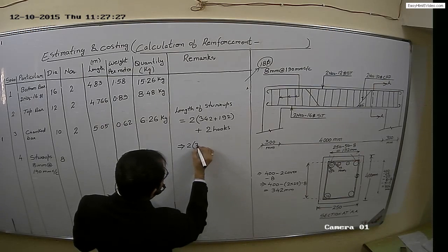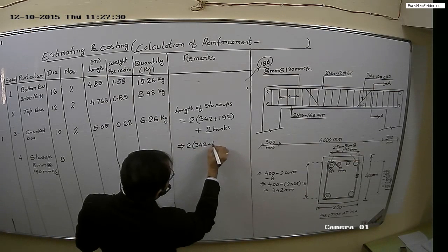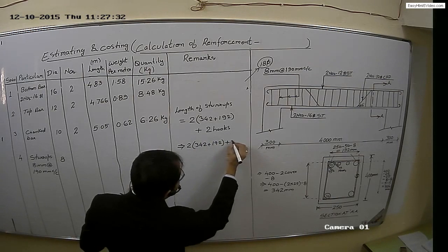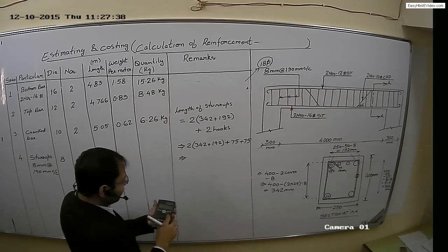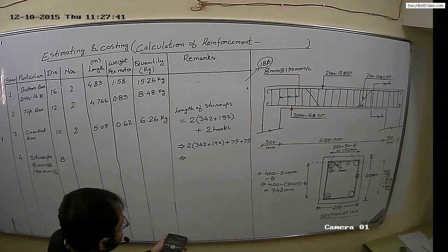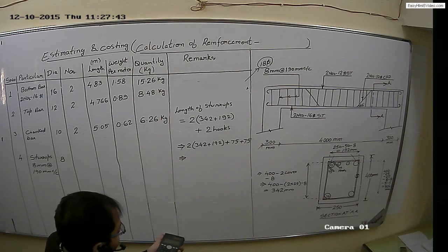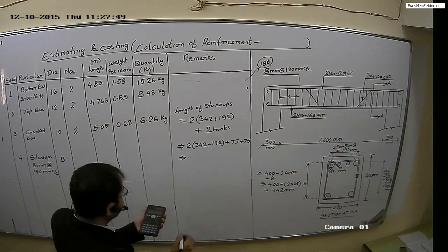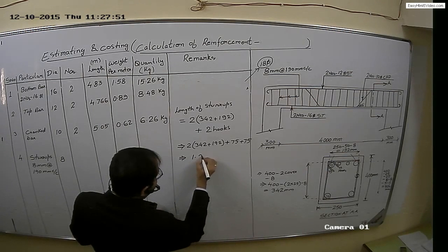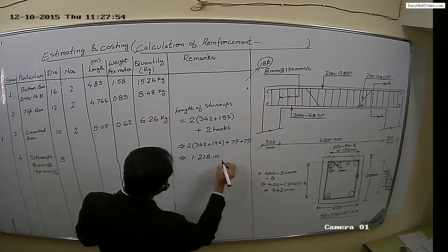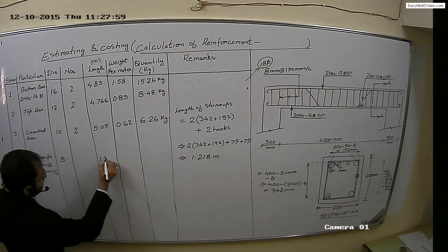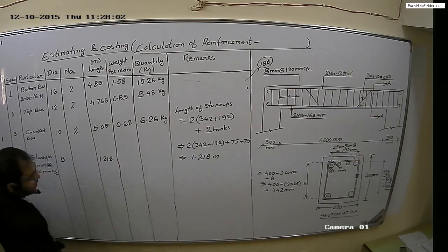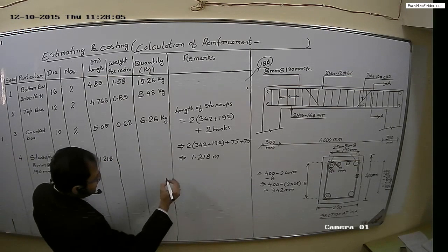So 2 times of 342 plus 192, plus 75 and one more 75. We'll get the length of stirrup: 342 plus 192, into 2, plus 75 plus 75, 1.218 meter. You have to write this length here. This is 1.218 meter.